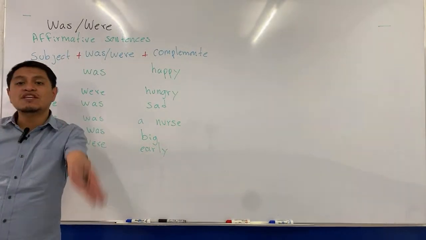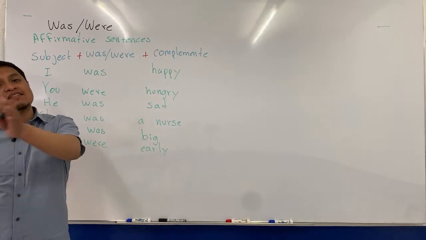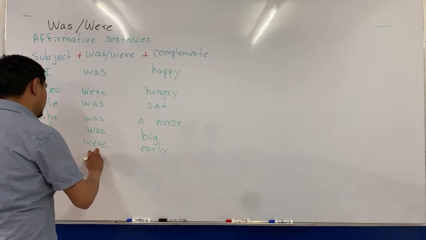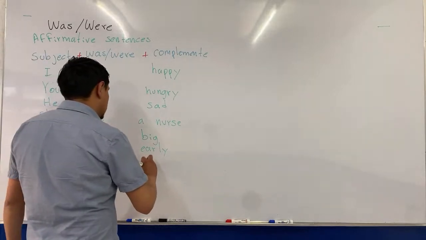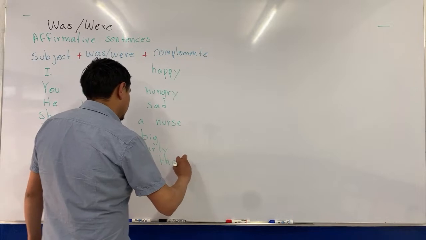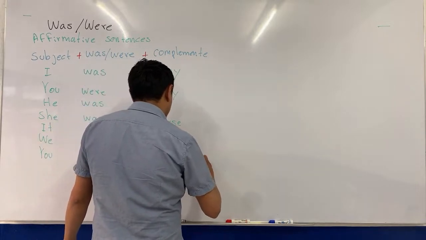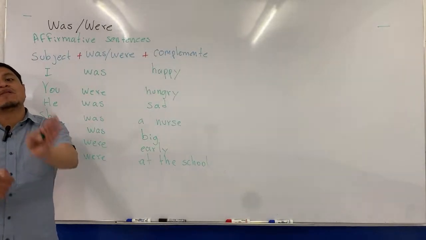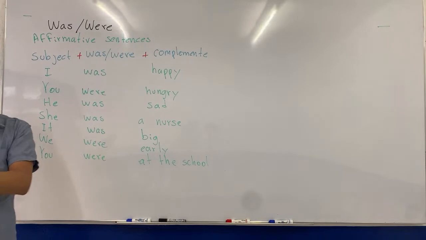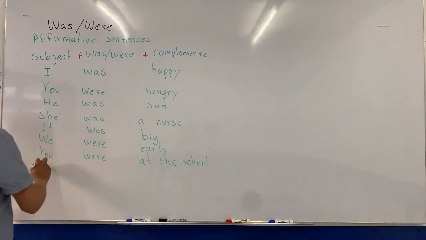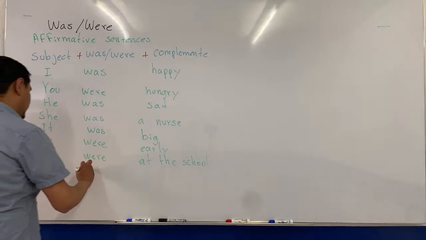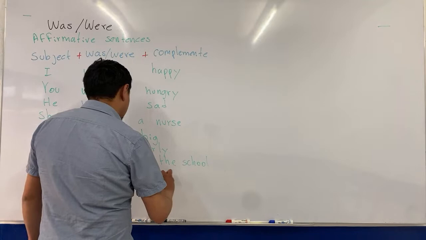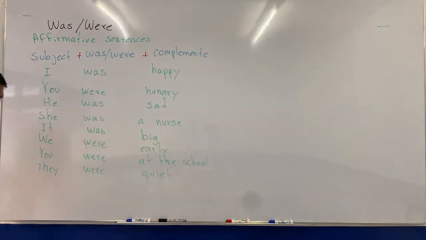Next example with you: you were at the school. You were at the school. Next, they were quiet. I repeat, they were quiet. Are you done? Right? Easy, right?